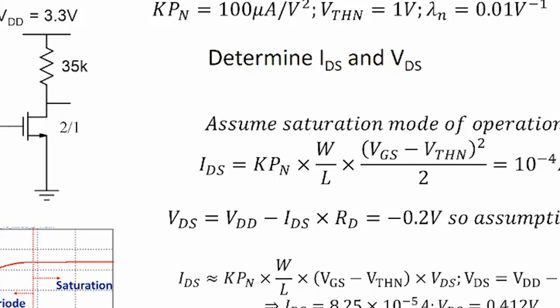And note that VDSAT is VGS minus VTH, 1 volt, and VDS is less than VDSAT, so obviously our assumption of linearity is correct. We didn't even have to check in this case because we had proved that it is not in saturation, and if it's not in saturation, then the only alternative is the linear or triode region.